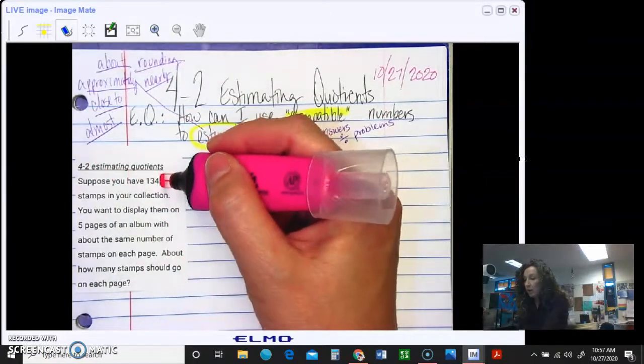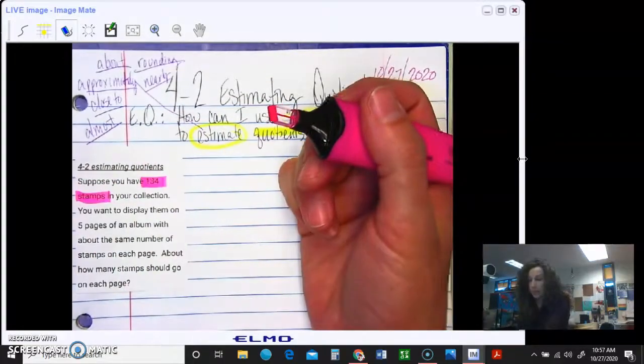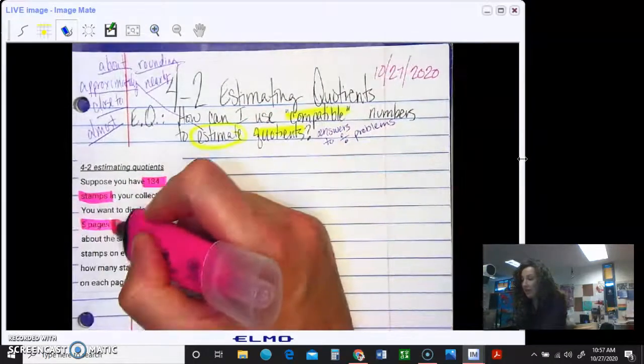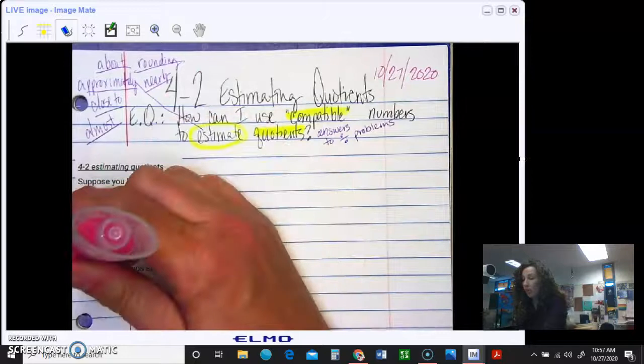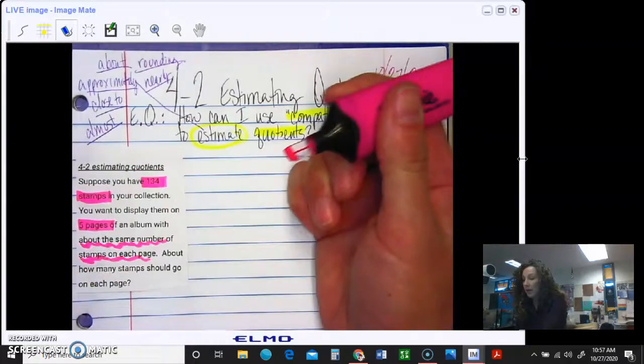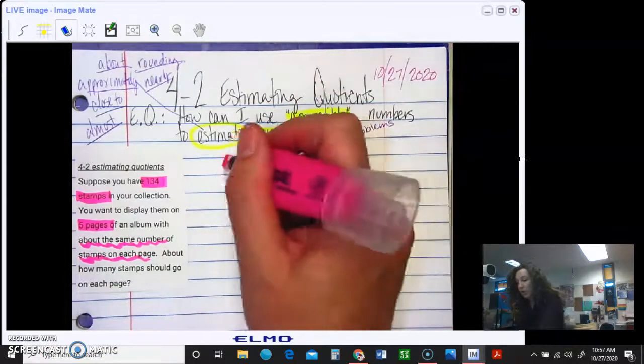Suppose you have 134 stamps in your collection. Well, I know I'm dealing with 134 stamps. You want to display them on 5 pages of an album with about the same number on each page. About how many stamps should go on each page?